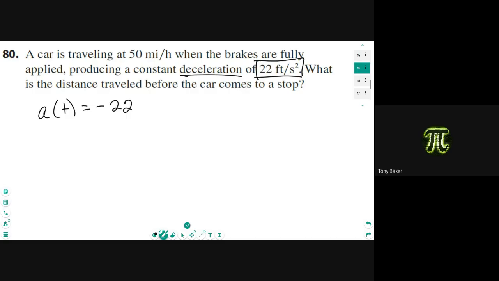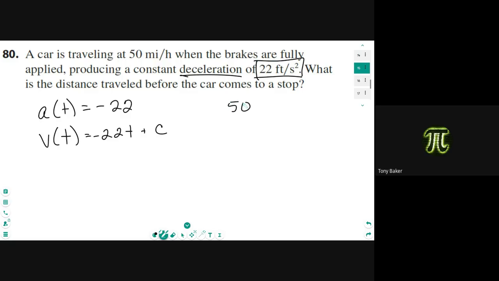My velocity is what? Just doing the integral of that, which is negative 22t plus c, which is my initial velocity, right? What's my initial velocity? 50 miles per hour, right?